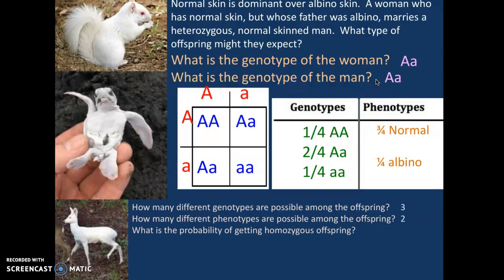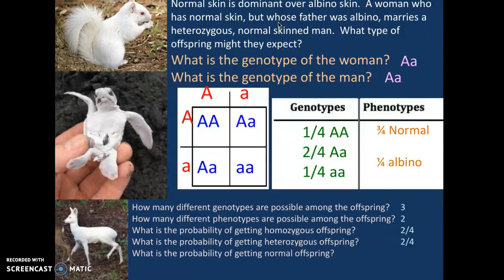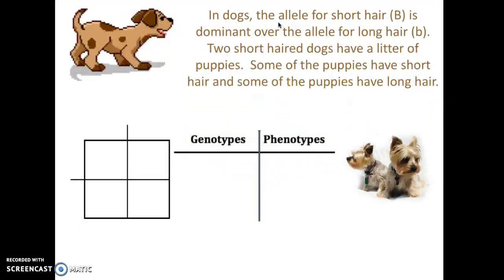The probability of getting homozygous offspring is 1/2, because you can get homozygous dominant or homozygous recessive, and the probability of getting heterozygous is also 1/2. The probability of getting normal is 3/4, and the probability of getting albino is just 1/4.